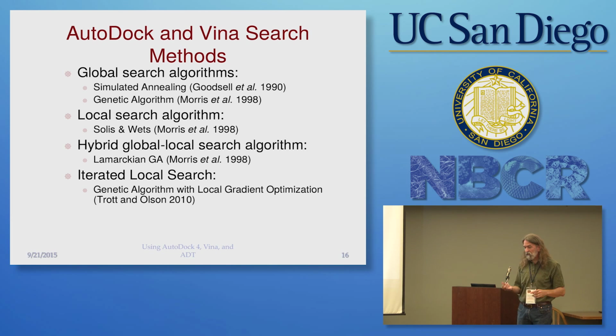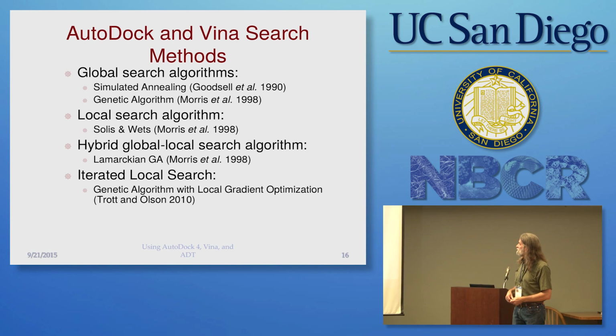Both AutoDock and Vina use a really effective combination of that genetic algorithm to do the global search, and then at points during that simulation, some method to optimize the answers that we think at each time are close to the best.